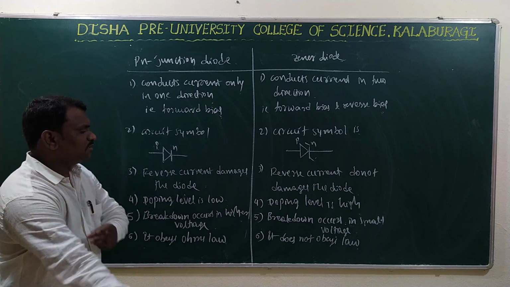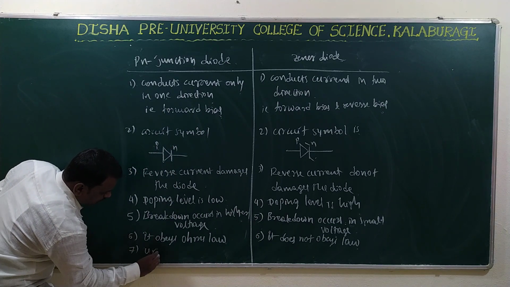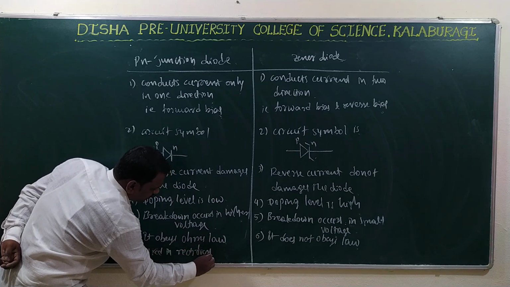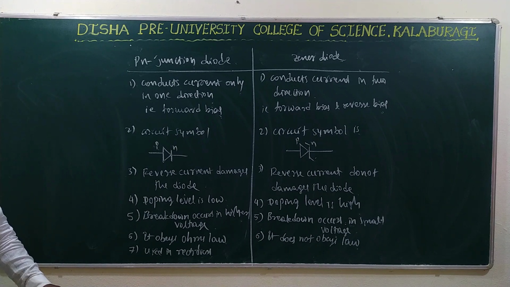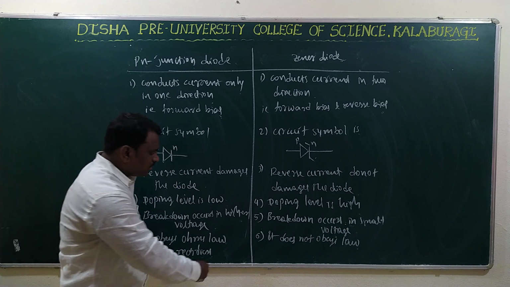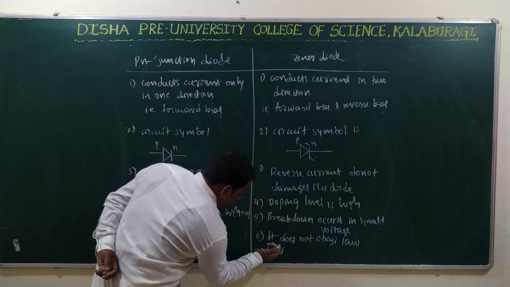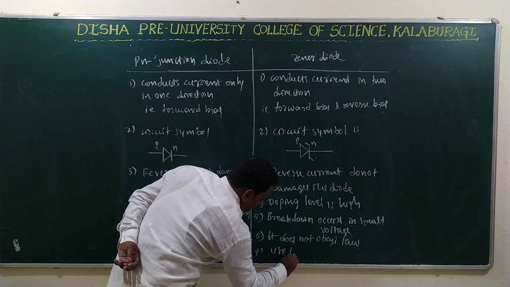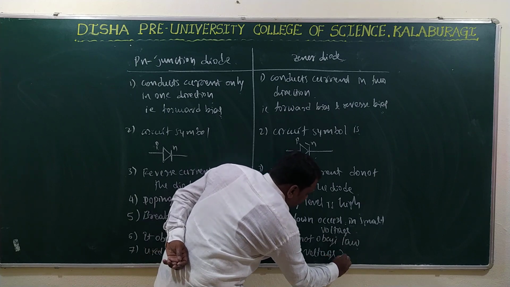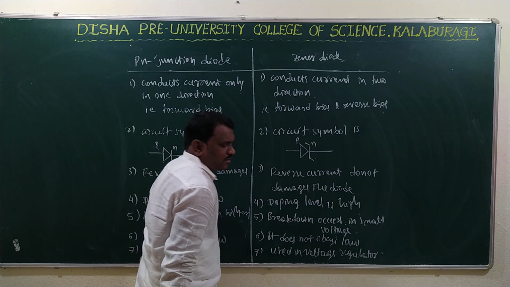Okay, next, uses. The PN junction diode is used in rectifiers, right? In the rectification process, the PN junction is used, but the Zener diode is used for voltage regulation.